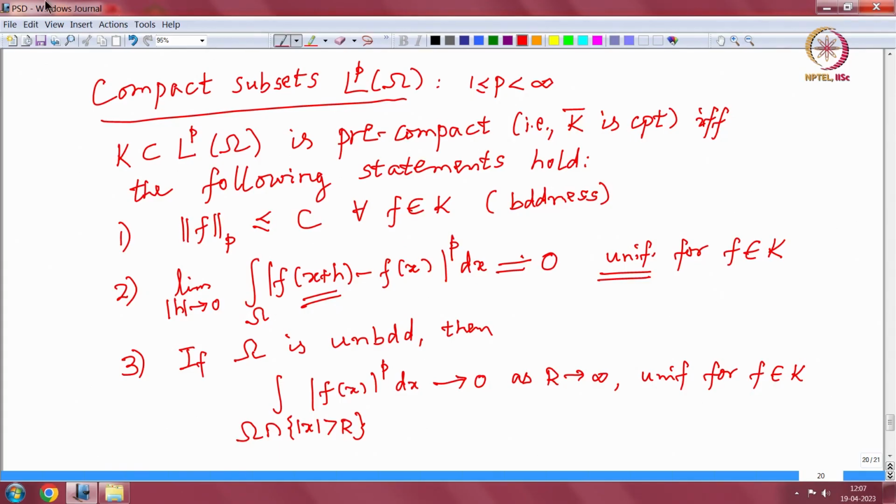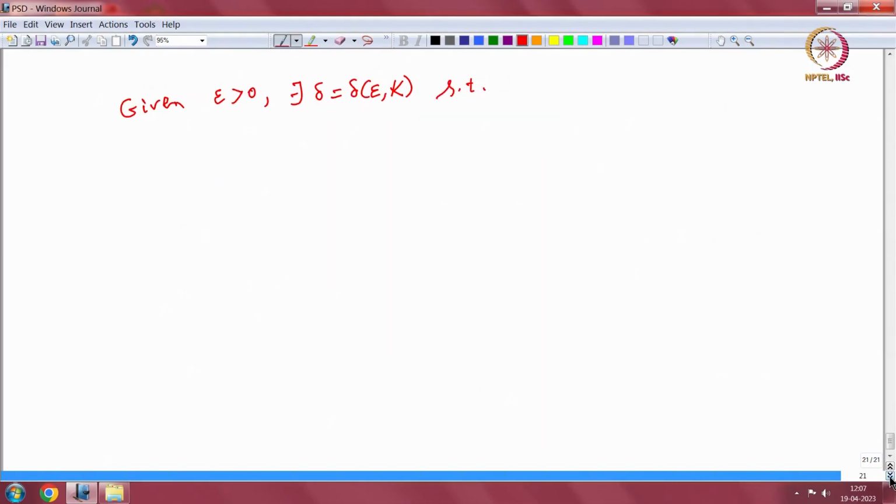No problem at all as far as integration is concerned, but later on we see such a thing is not possible when we go to Sobolev spaces.